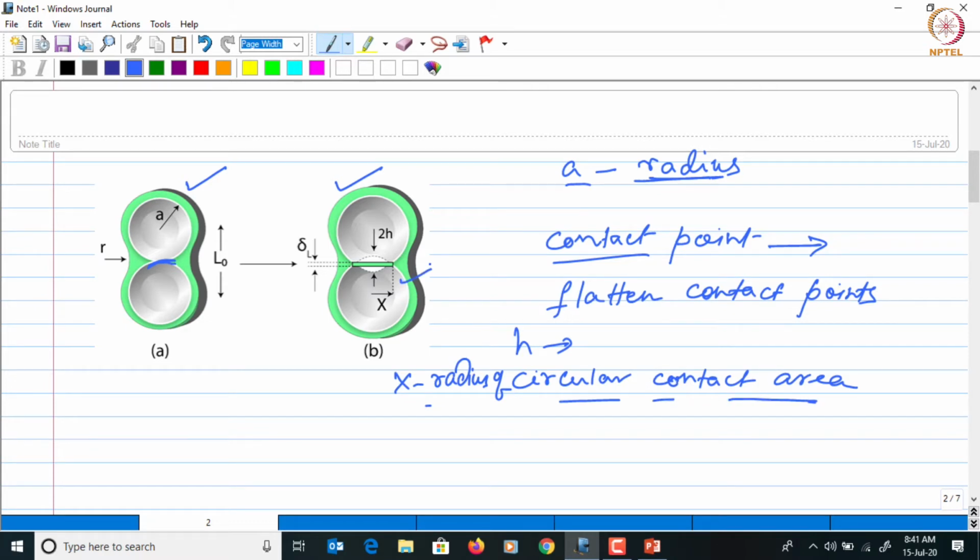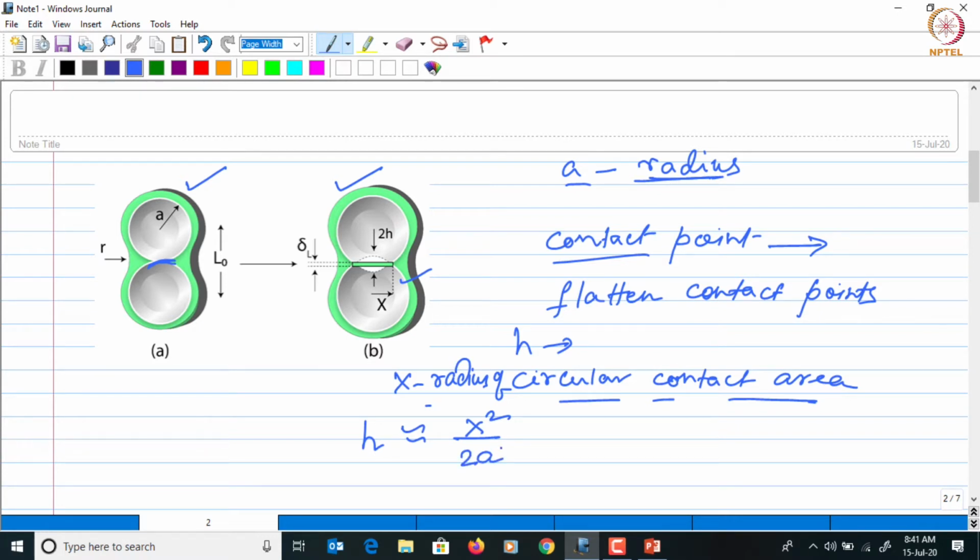As you can see from here, h and x are related to each other by this equation. h is approximately given by x squared by 2a.